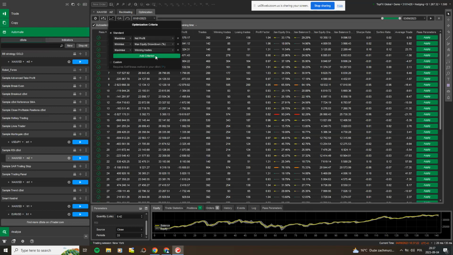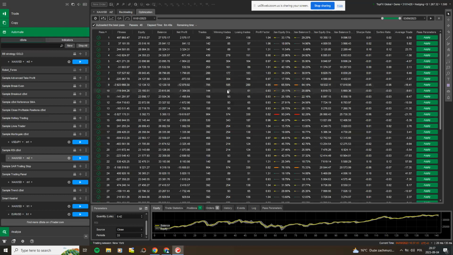If we add more criteria, then of course we will have to wait longer for our processing algorithms to find the best passes, and it depends on the CPU power of our computer. The bigger the better in that situation. So this is how you optimize generally, in a very brief explanation. This is how you optimize your trading strategy, your cBot, in order to receive better results.